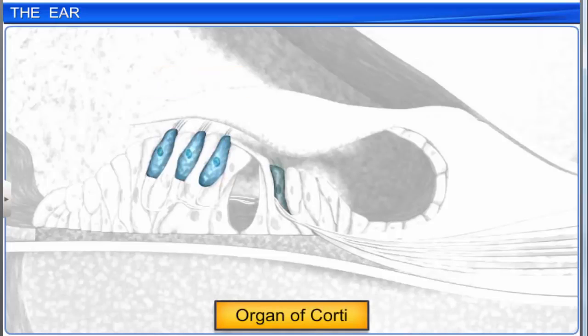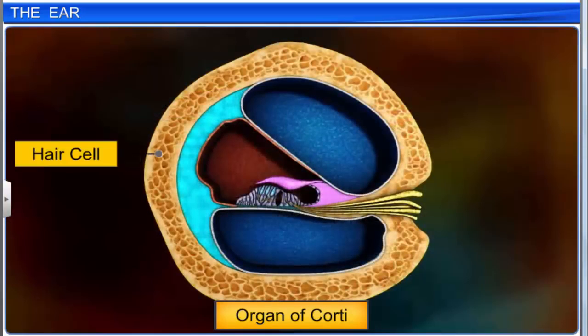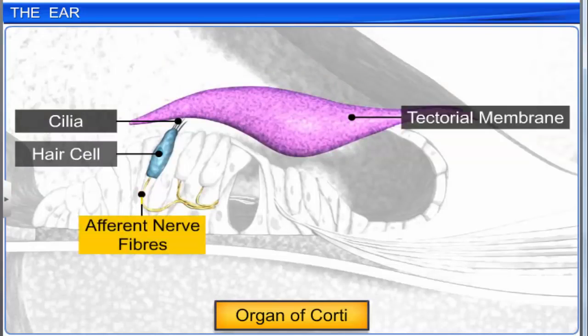Above the row of hair cells lies a thin elastic membrane called the tectorial membrane. Each hair cell has cilia on an apical part, which are in contact with the tectorial membrane, whose basal end is in contact with afferent nerve fibers.